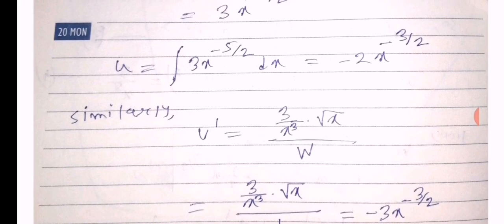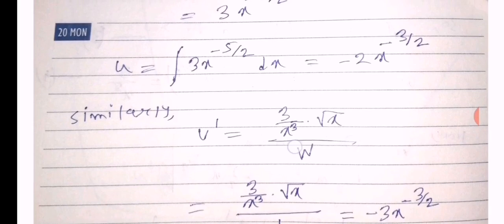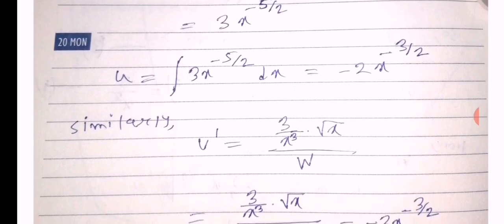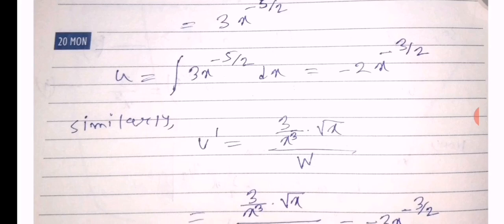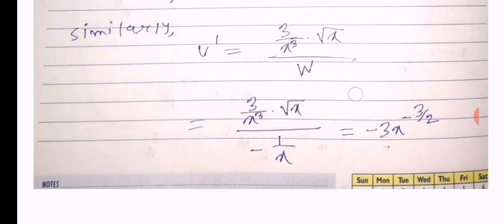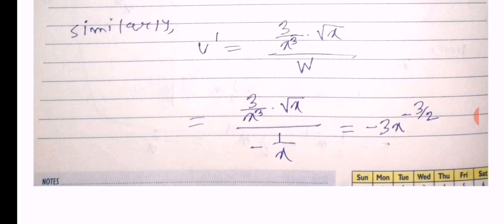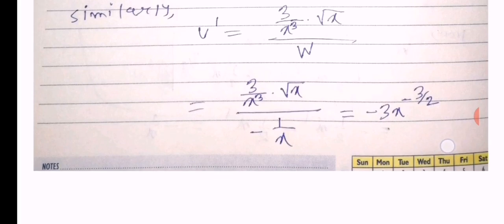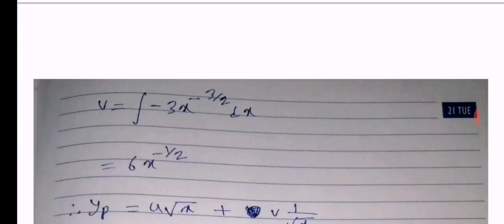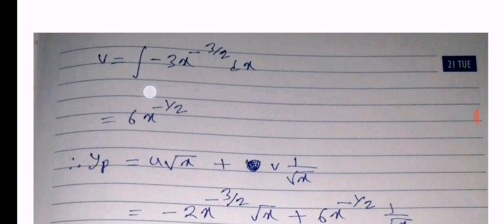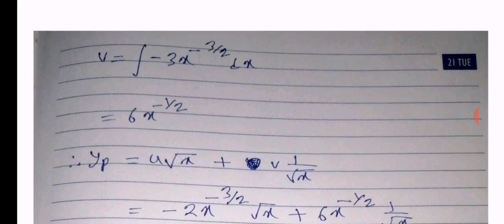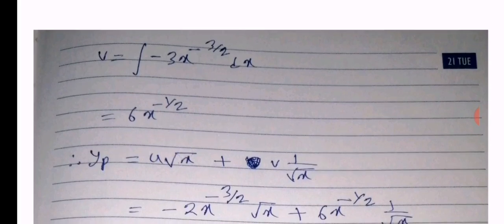Similarly, if you calculate v dash, you will get 3 by x cube into root x, divided by the Wronskian, which is minus 1 upon x, so you will finally get minus 3 x to the power minus 3 upon 2. So you will get v equal to 6 x to the power minus 1 upon 2.